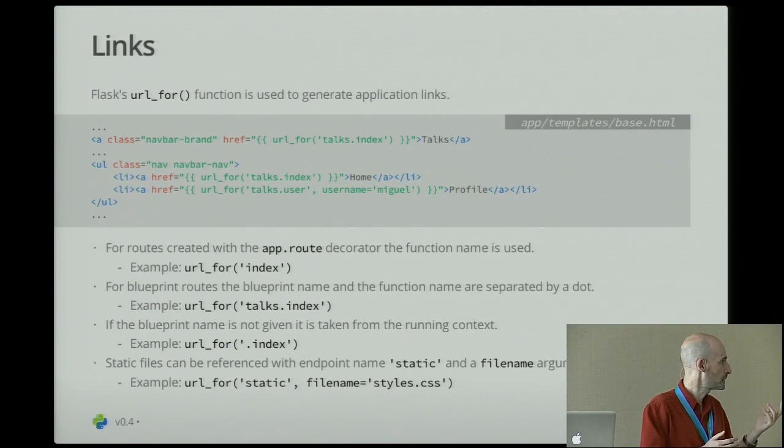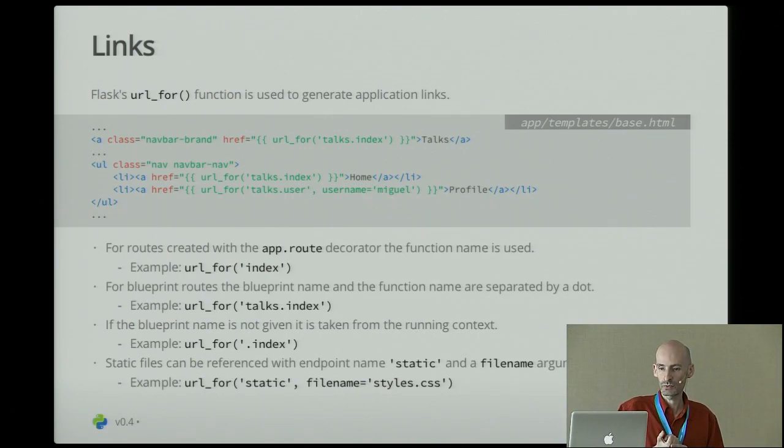Typically, when you're putting links in a template, you don't know which route or which blueprint is serving that request. So in templates, normally you write the blueprint name. You have to be specific. But sometimes you can avoid using the blueprint name.